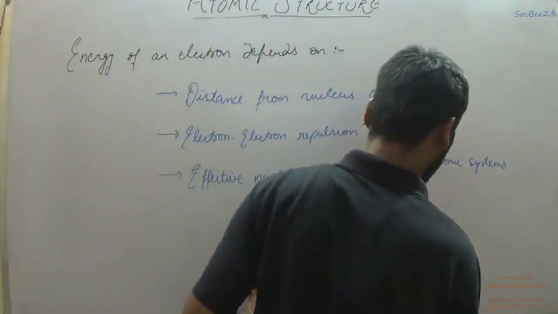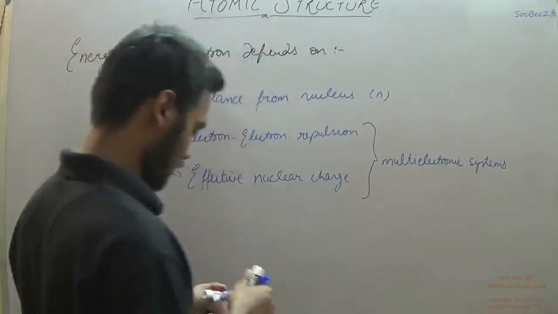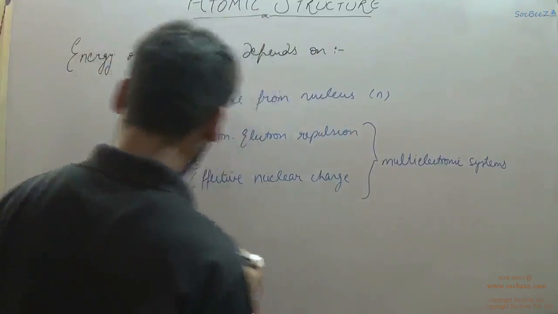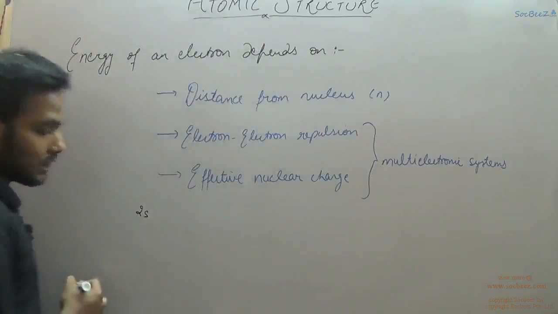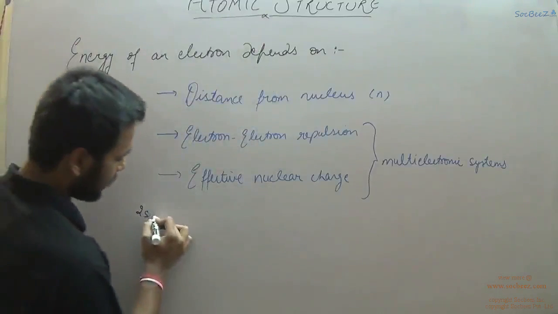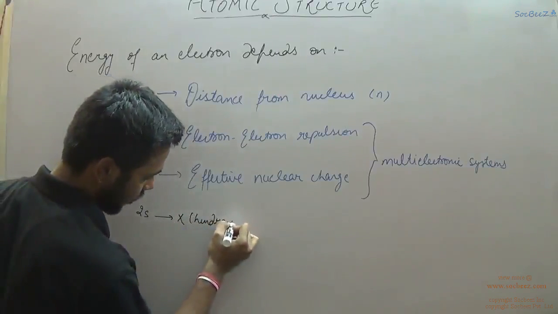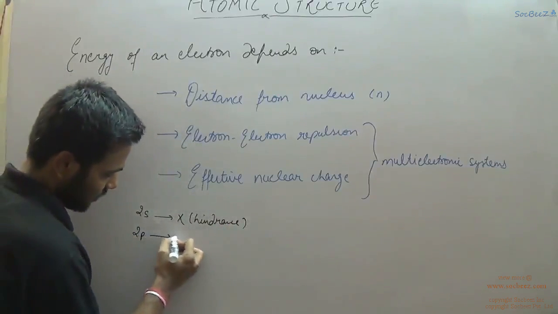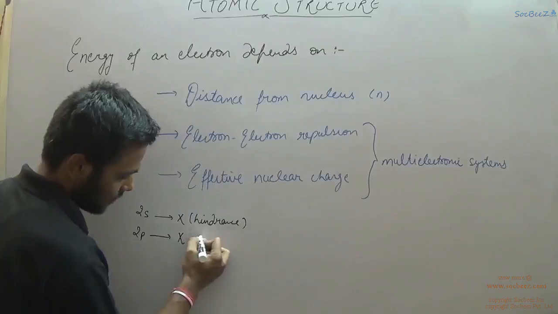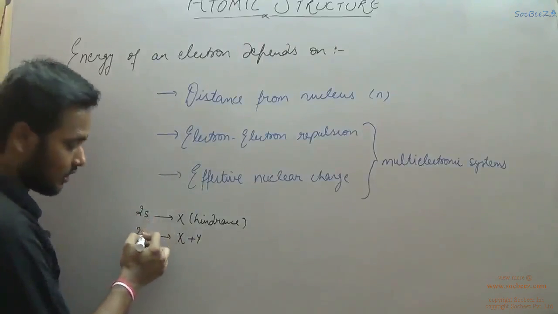In order to make things clear, I'll try to explain that in case of 2s electron, the hindrance is some, suppose the hindrance is X. But in case of 2p electrons, there is going to be some extra hindrance, X plus Y, because the 2s orbital is already there in front of it.